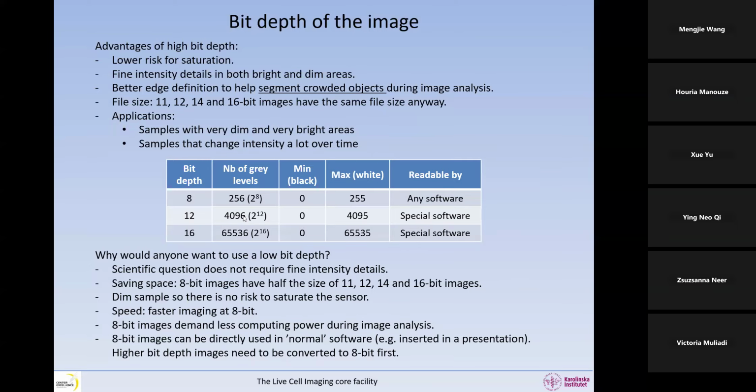You get a very rough readout of the intensities with 8 bits. So if you're after fine differences in intensity, for example when comparing wild type and control, you need to go for a higher bit depth.